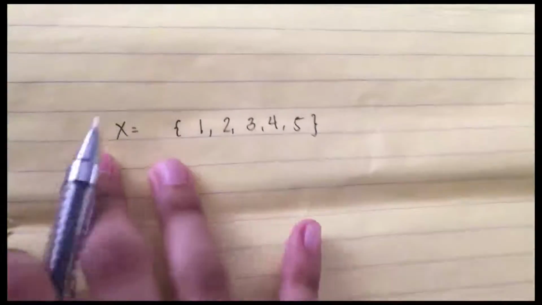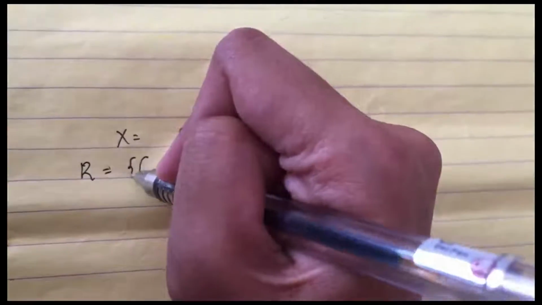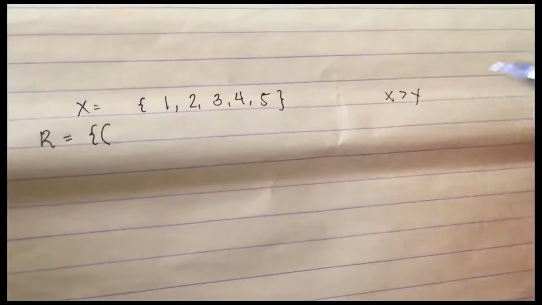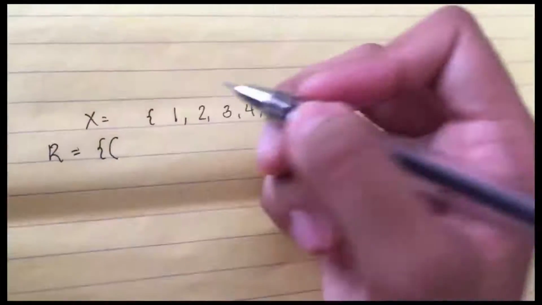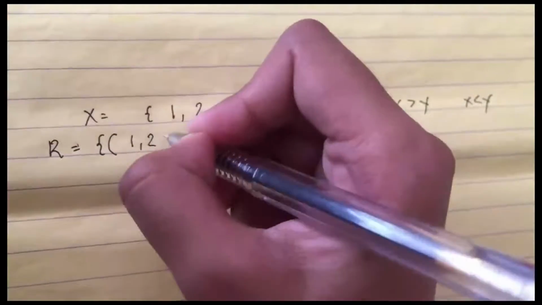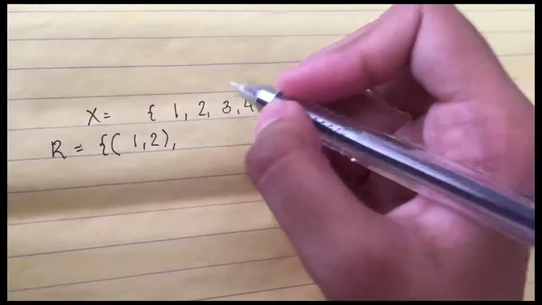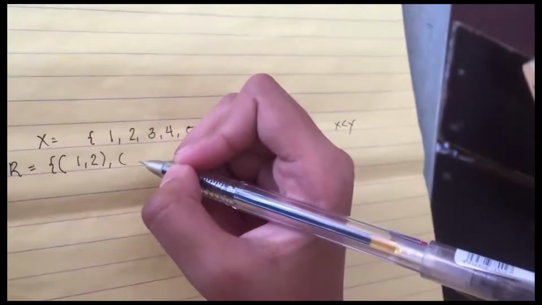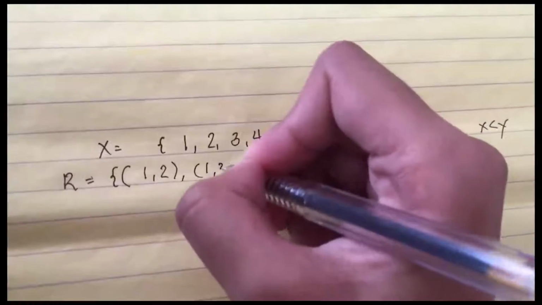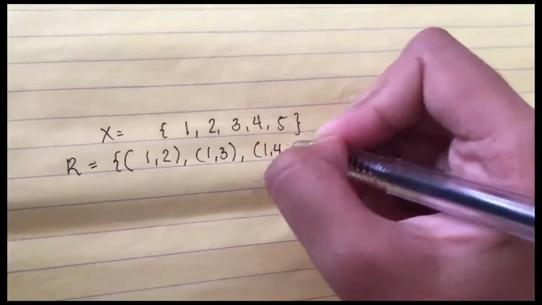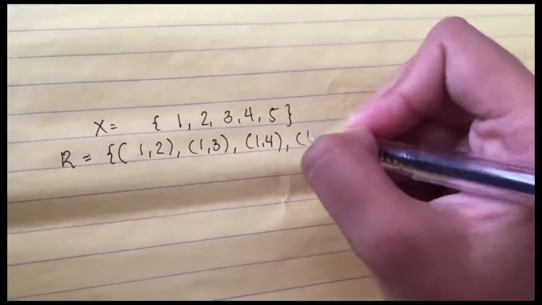Baka mahaba to. Try natin. Ngayon pa lang namin nakilala yung X is less than, X greater than Y and X is less than Y. So we could have 1 and 2, 1 and 3, 1 and 4, and 1 and 5.